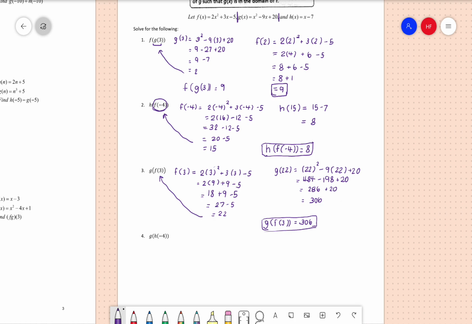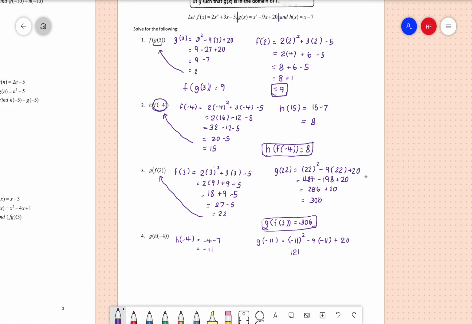And then we have g of h of negative 4. First thing we're going to do is find h of negative 4. So negative 4 minus 7, which is negative 11. We're going to plug that into g. G of negative 11 is negative 11 squared minus 9 times negative 11 plus 20. Negative 11 squared is a positive 121.